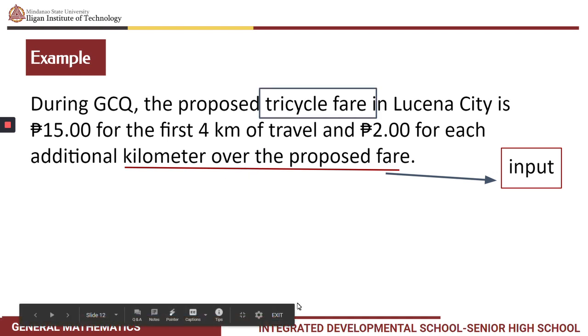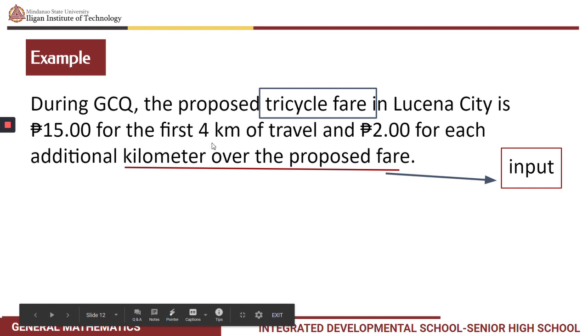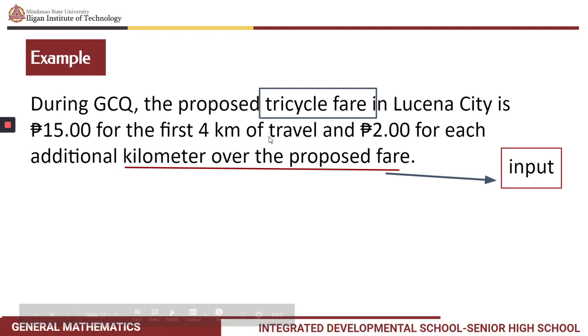Next is you observe yung situation. Sabi dito, we have 15 pesos for the first 4 kilometers and 2 pesos raw for each additional kilometer over the proposed fare. So, mayroong dalawang condition, no? If yung destination mo is 4 kilometers or less, you'll only pay 15 pesos.